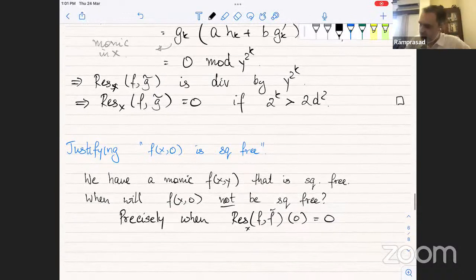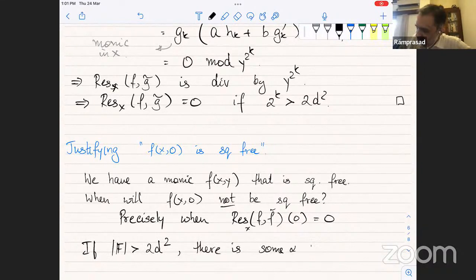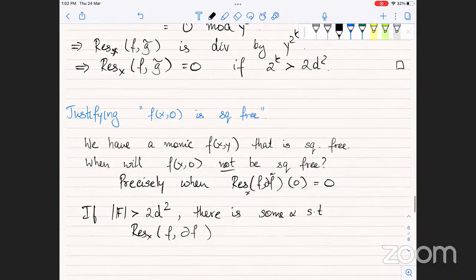Fine. And the only thing to keep in mind is that if the size of our field was large enough, like 2D squared or something, there is some alpha such that this resultant with respect to x of f and, sorry, why did I write f tilde? What I meant was the partial derivative, whichever partial derivative you end up taking.